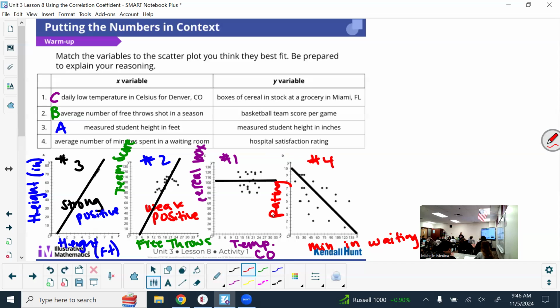Yeah, and that's what's showing. As the X is increasing, as the time you're waiting is increasing, the rating is decreasing. Okay, so that makes sense. And if you look at the y-axis, those numbers do make sense. I would probably rate it on a scale of 0 to 10, rather than 0 to 130, or 0 to 80. All right, good warm up.